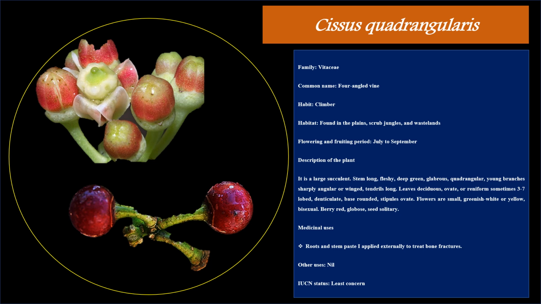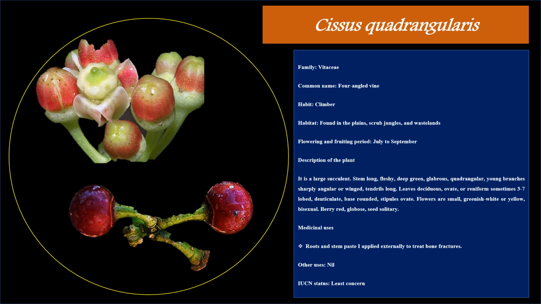Then it has some medicinal uses, like root and stem paste is applied externally to treat bone fractures. In Odia it has a very unique name. From that name you can tell it is used for medicinal purposes: the common name is Hadajodi, and from that you can characterize this plant as one used for bone fracture purposes.